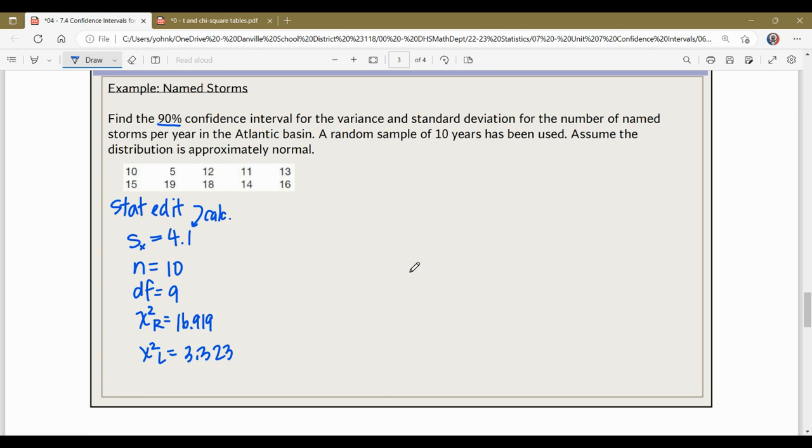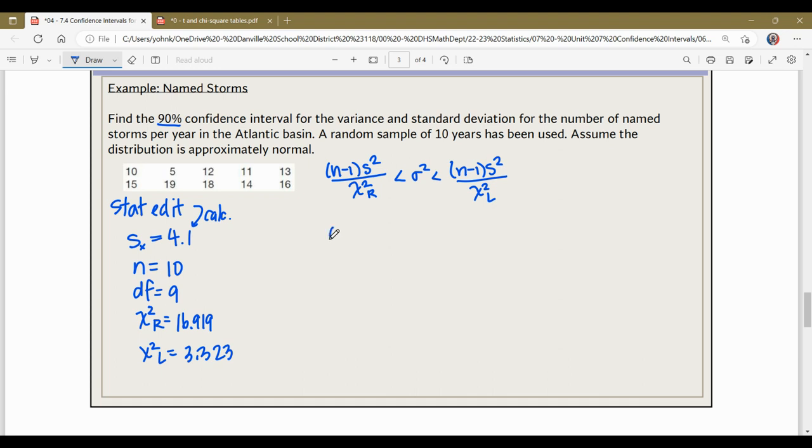All right, so my formula is n minus 1 times the standard deviation squared over chi-square right is less than sigma squared is less than n minus 1 times standard deviation squared over chi-square left.